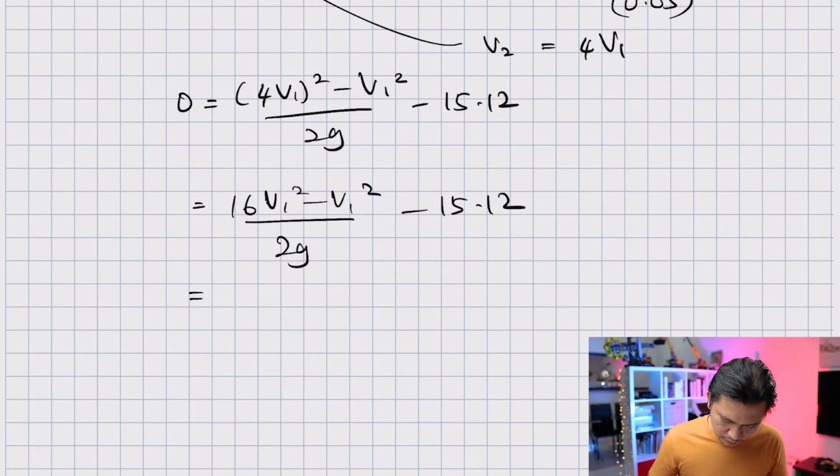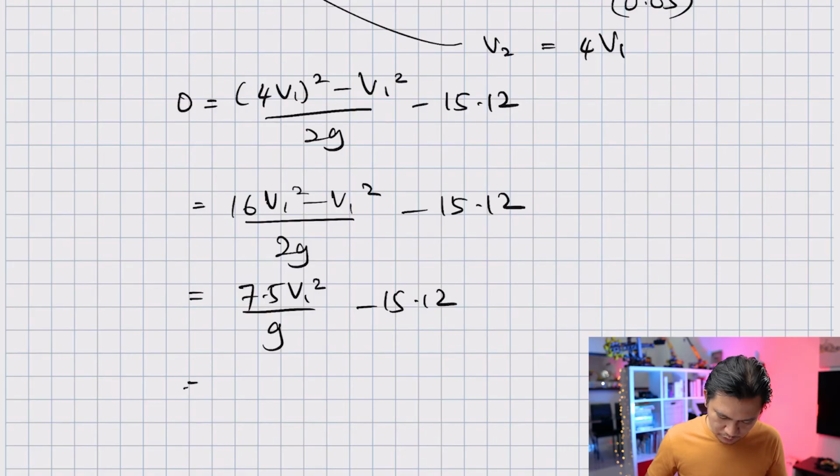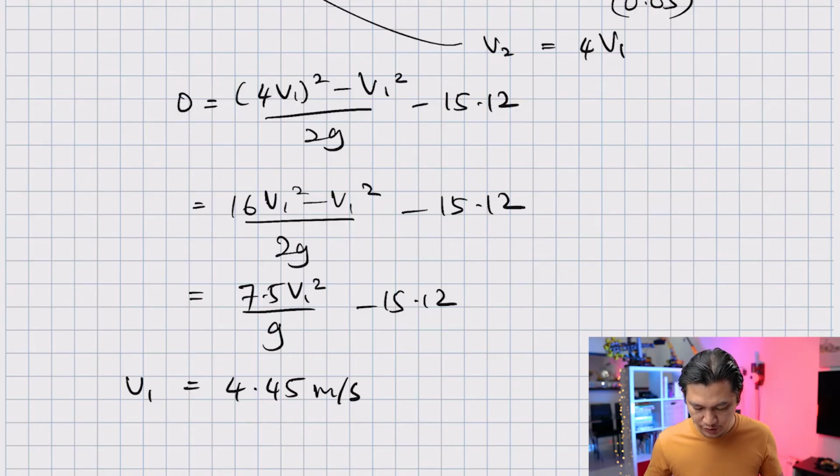This will be 15 divided by 2, 7.5 V1 square over g minus 15.12, and V1 will be 15.12 times 9.81 divided by 7.5, square root of that is 4.45 meter per second. And that is your V1.